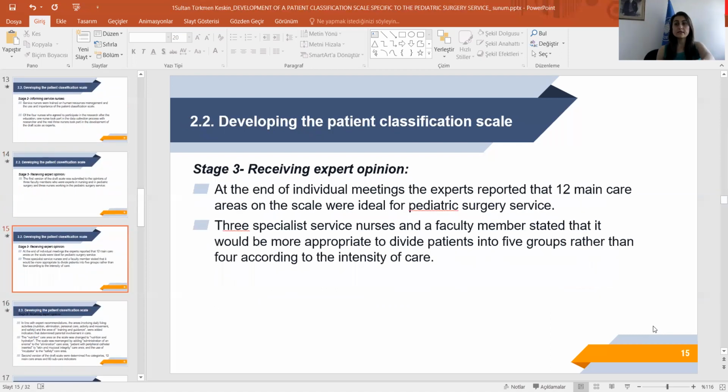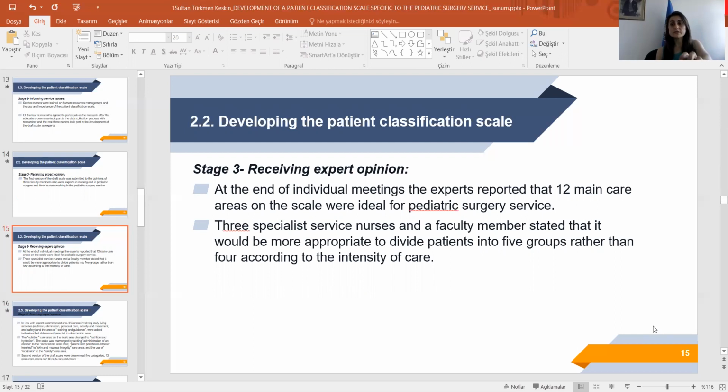At the end of individual meetings, experts reported that the 12 main care areas on the scale were ideal for the pediatric surgery service. However, 3 specialist service nurses and a faculty member stated that it would be more appropriate to divide patients into 5 groups rather than 4 according to the intensity of care.